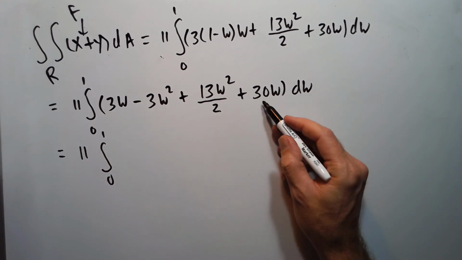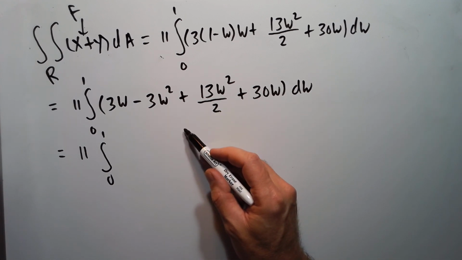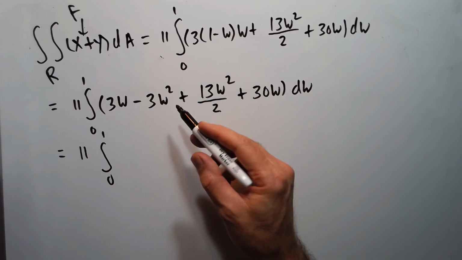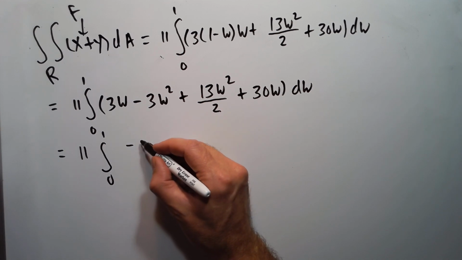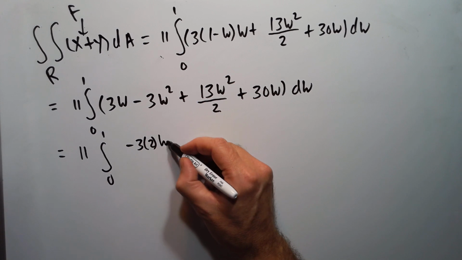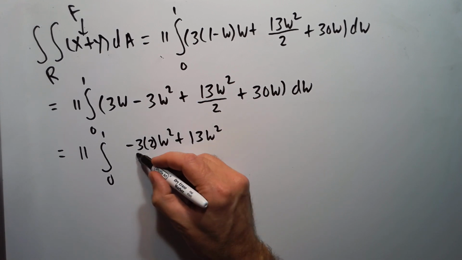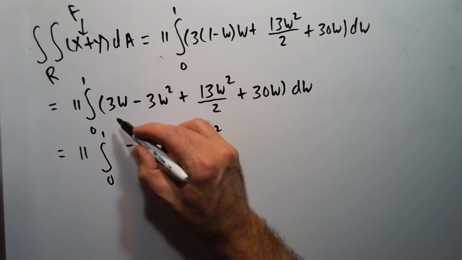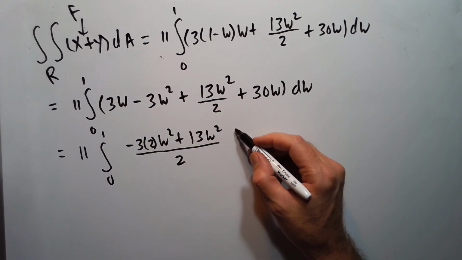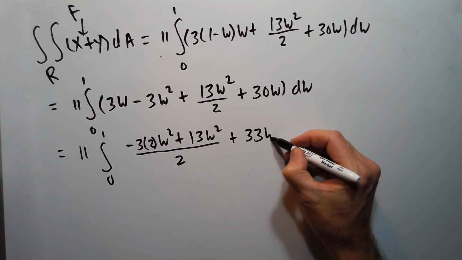I can combine these also. So this you could write as negative 3 times 2, that's negative 6, w squared plus 13w squared over 2. Then adding those two, plus 33w.